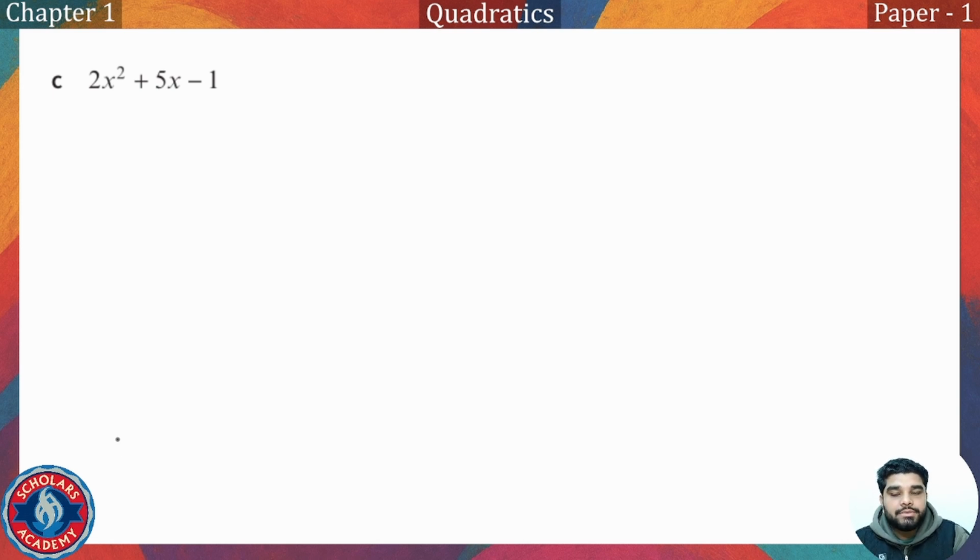Okay, let's continue. So we have 2 common. We'll take x square plus 5 by 2x minus 1, and take the 2 outside. So this term is 2 times b, which is 5 by 2. So b is 5 by 4.